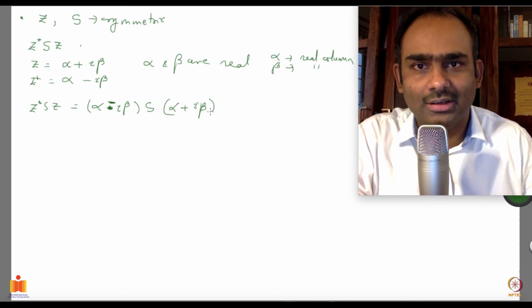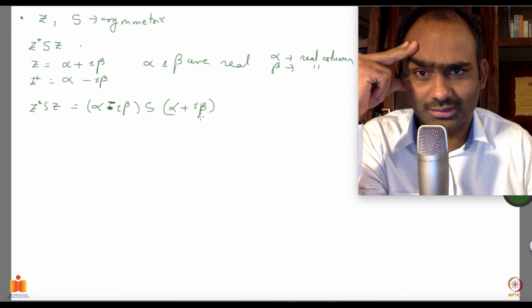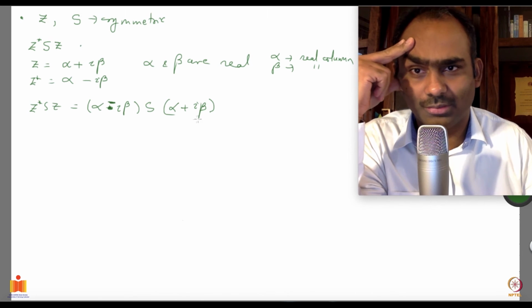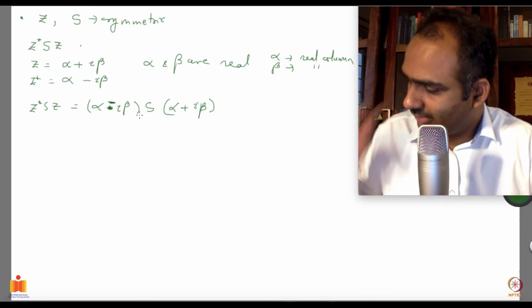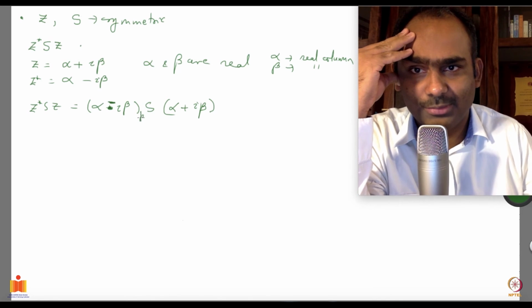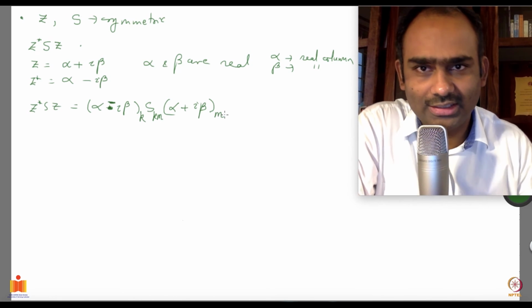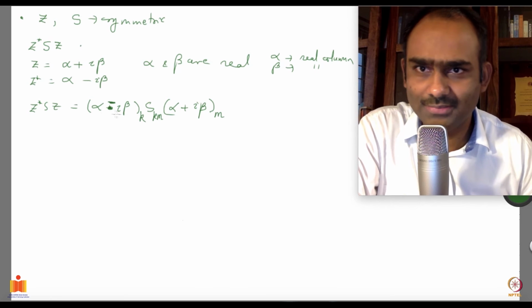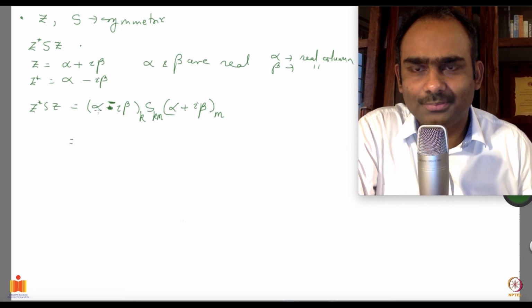Now I want to write this out in components. So let me put an index K here and M here, and I'm also using the Einstein summation convention, so there's a sum over K and M. I have four terms here.